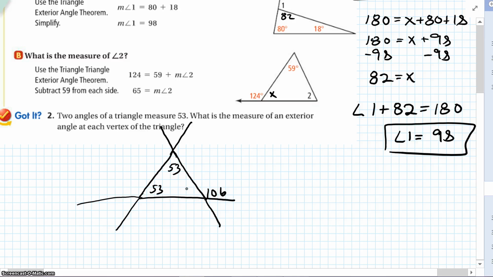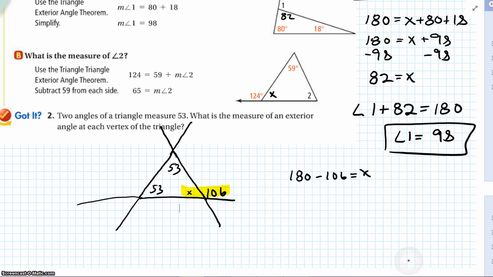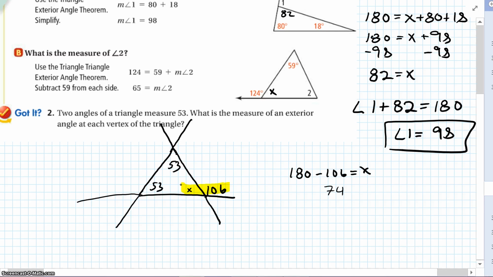This one, we've got to find what this angle is. So this angle right here, what is it? 180 minus 106 equals x. How do I know that? Because I can go with a linear pair. So 74. That angle's 74. So this one's just going to be 74 plus 53.